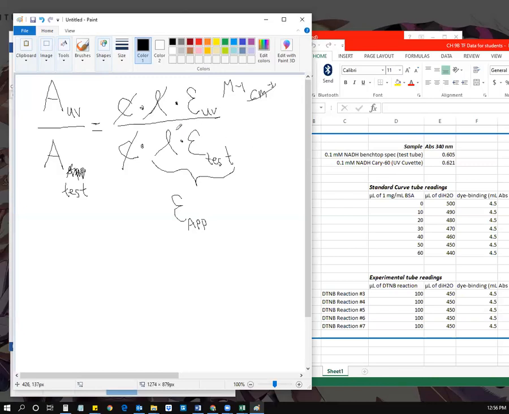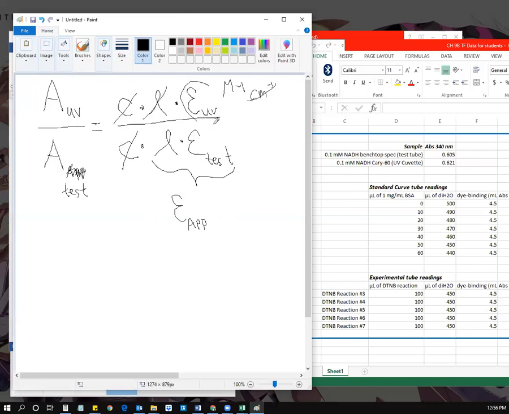Before we get started, I'm going to rearrange all of these variables to the formula that we're used to for calculating the apparent extinction coefficient. So I'll essentially cross multiply everything here.